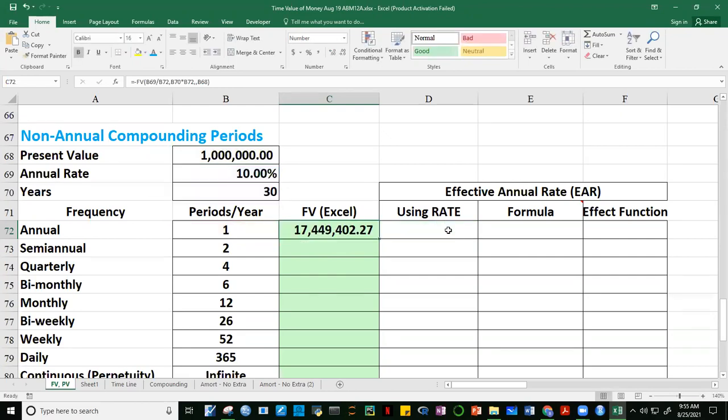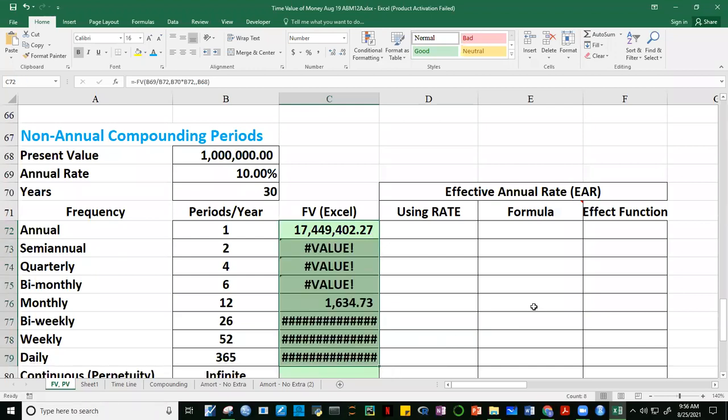It looks like the future value is correct for period 1. If I copy this down, we have a problem with the formula. How do we want to resolve that? It should be only one formula.